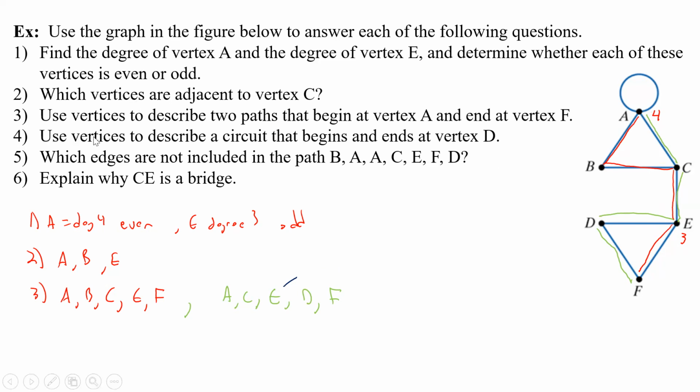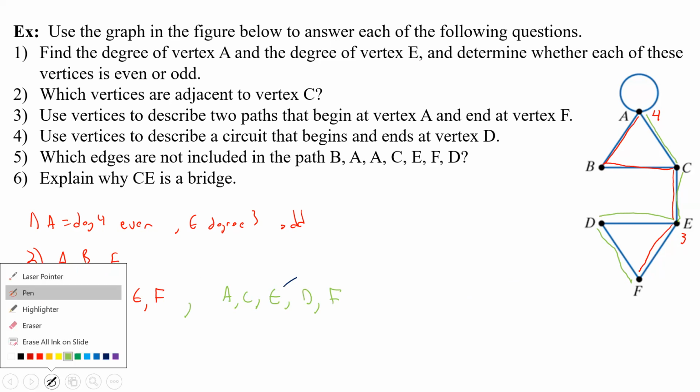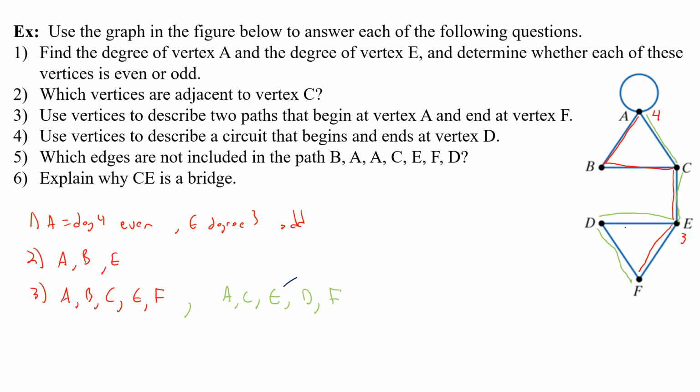All right, so the next one, use vertices to describe a circuit that begins and ends at vertex D. So 4, it begins and ends at vertex D. So let's start a different color again. Let's do purple. So we're going to start and end here. A really easy circuit that we could do would be here, down to here, and back up to here.